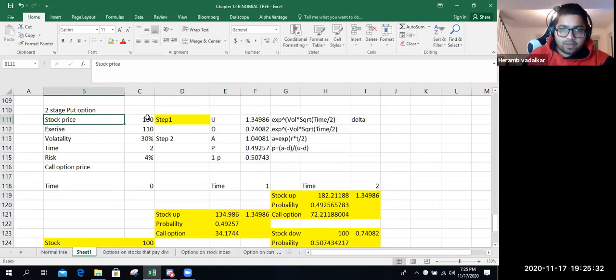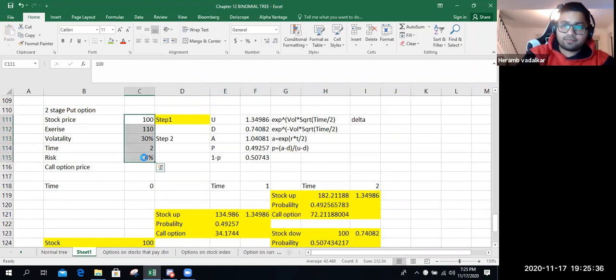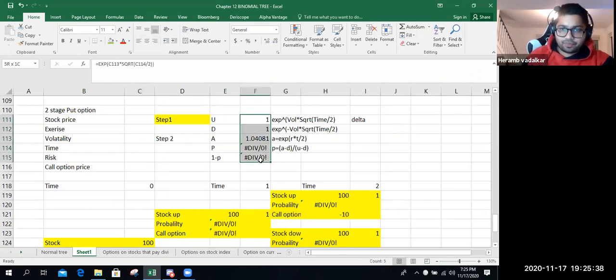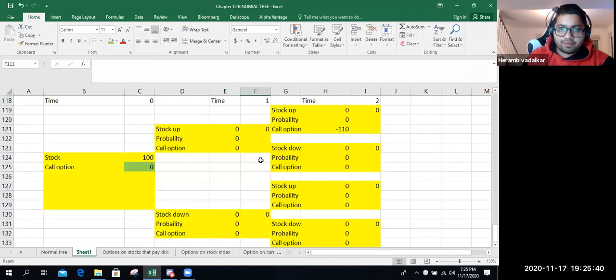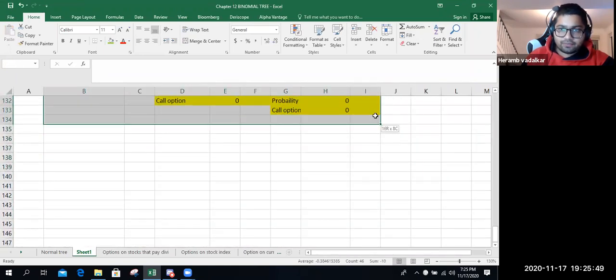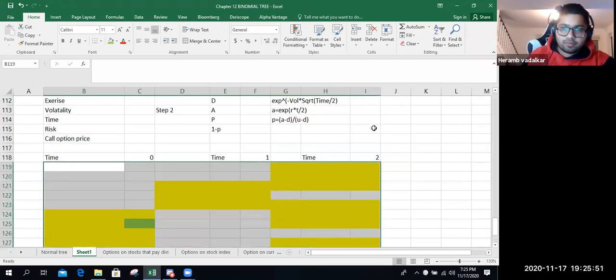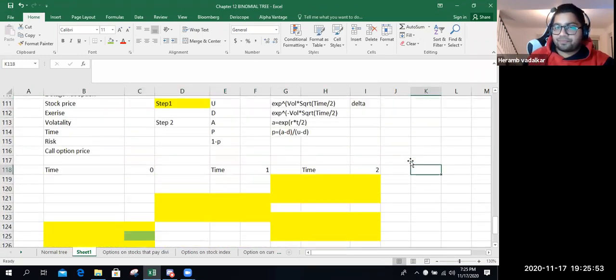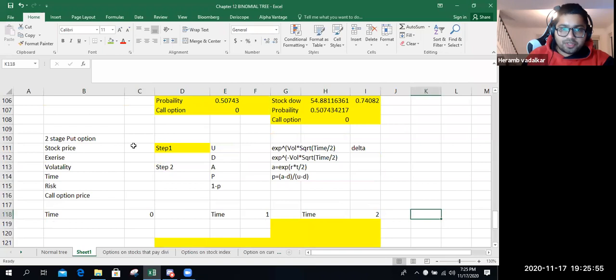Okay. So I'll delete these numbers, but I'll keep the format. Okay. We'll do a fresh example. Here also, I'll keep the coloring so that it's easier to plot, but I'll make it blank.